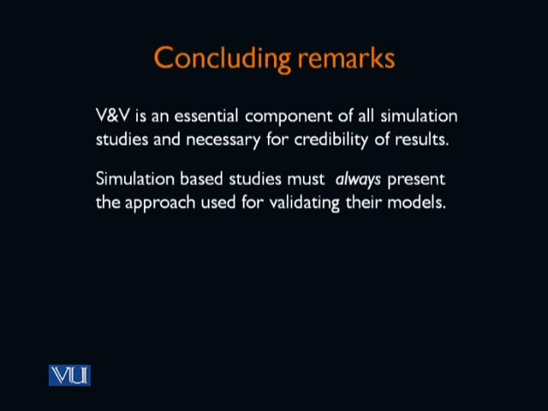We must explicitly state everything we did to verify and validate our models. In other words, it's not enough that we have used some standard simulation language program or some standard model. We need to define whatever steps we've taken to find a correspondence between our model and reality, and also how we have verified that our model is bug-free.